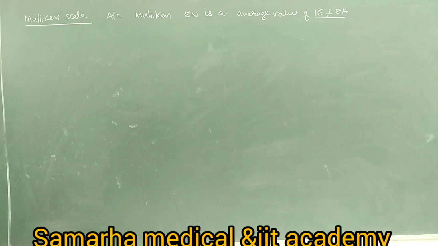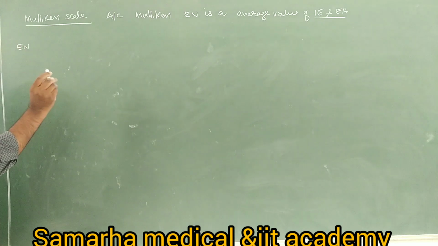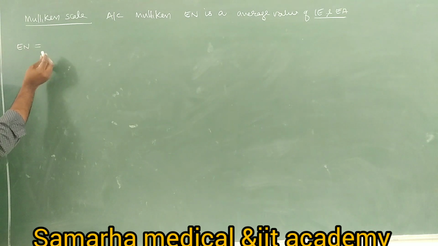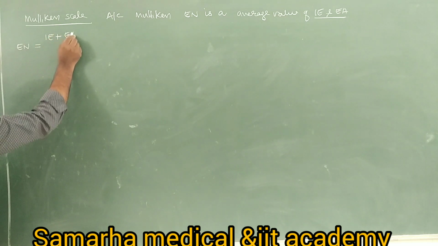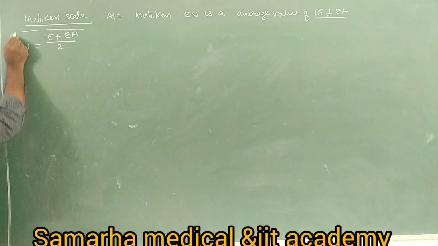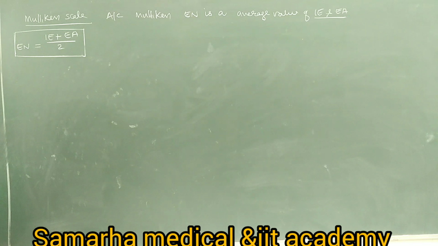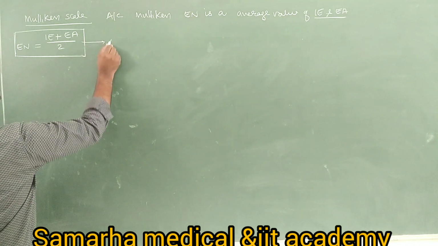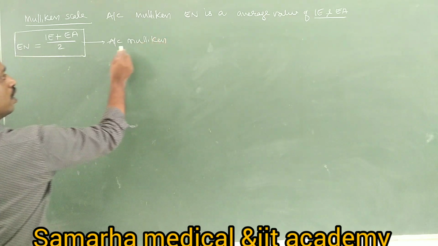If that is the case, how do you calculate electronegativity? It is very simple: electronegativity is equal to ionization enthalpy plus electron affinity, divided by 2. That's it. So this is according to Mulliken.